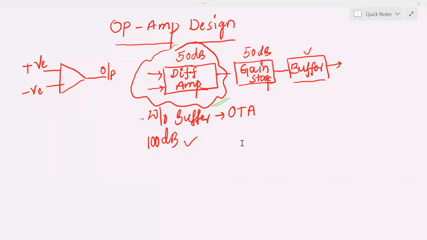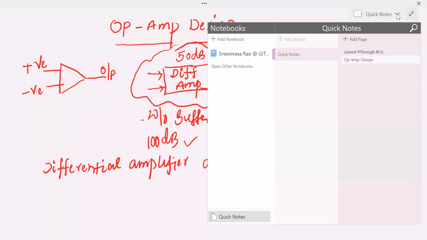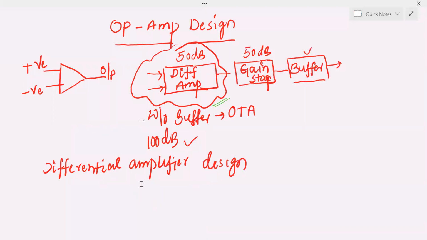First of all, differential amplifier design. What is the differential amplifier design?